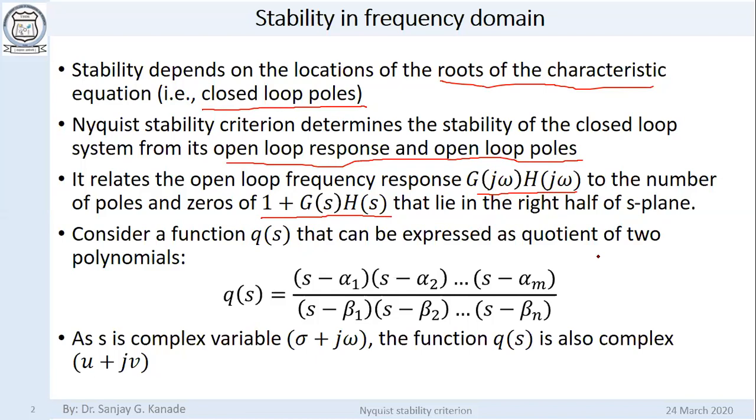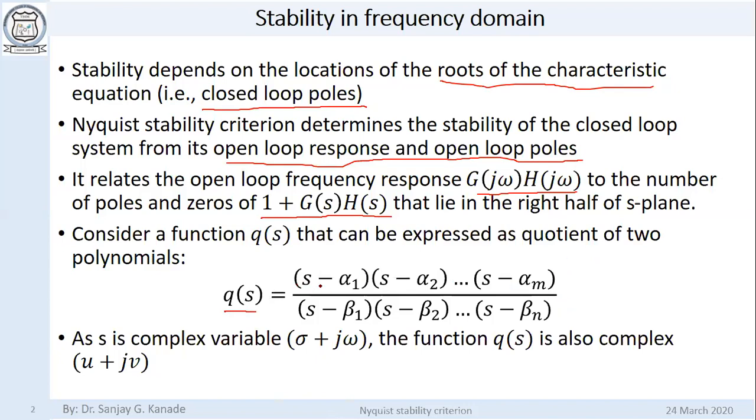Before we actually talk about what the Nyquist criterion is doing, we have to understand one very critical thing, which is called mapping of one function, mapping of one plane to another. Let's take a polynomial Q(s), which is the ratio of two polynomials.